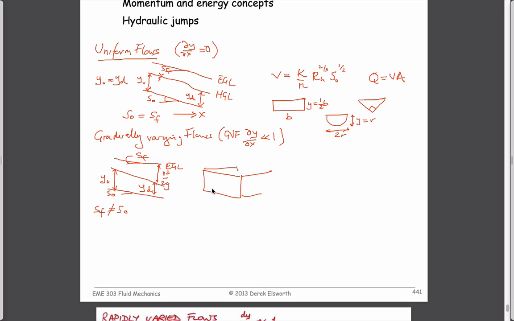This is the flow section, and what we do is we take a unit width relative to the whole flow section, B. And in the whole flow section, B, we have this flow rate going, but in this small unit width slice, vertical slice, we have a flow rate per unit width, which we call q. So q equals flow rate, which is meters cubed per second, per unit width.